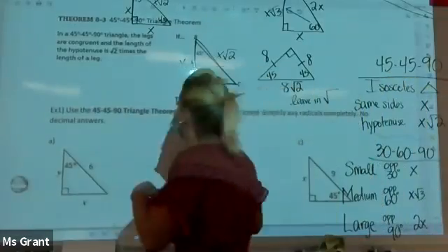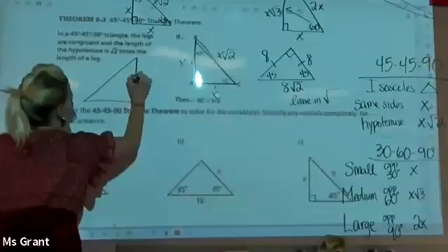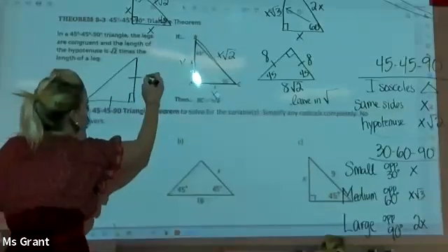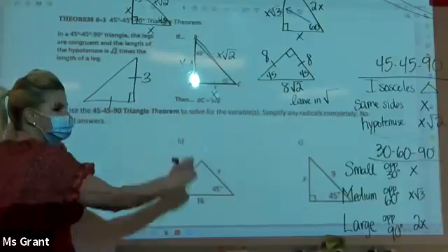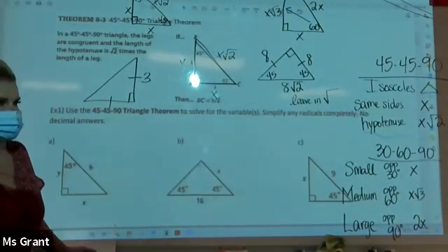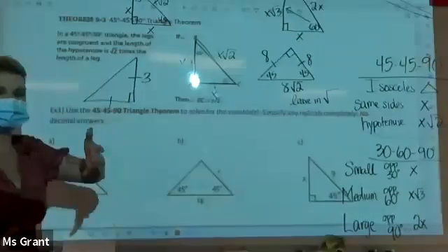One more. I'm going to go backwards. If this is all you were given, and I said, this is 3, what are you going to do? Someone on Zoom, tell me.